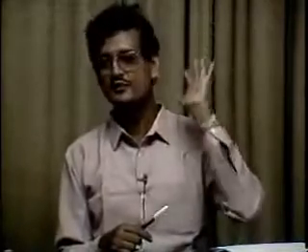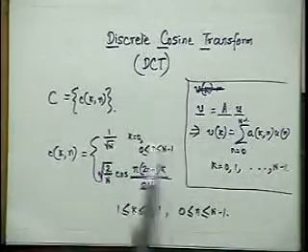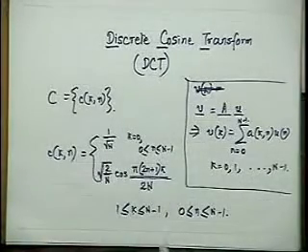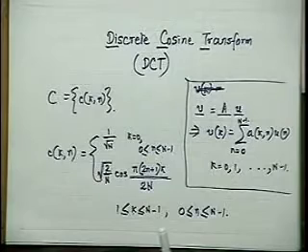So many people tend to think that if you take the real parts only, it becomes the cosine transform. Just because cosine happens to be the real part of the exponential, many people have this misconception. But do you find that the definition which I have written is the real part of the unitary DFT?